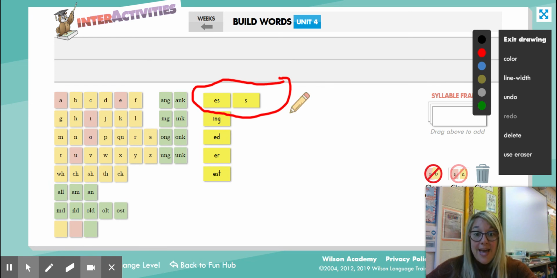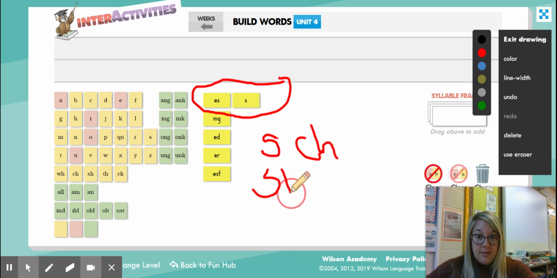One more time, you add an ES if the word ends with an S, a CH, an SH, an X, or a Z. If a word has those letters at the end, like box ended with X, we added ES. Bench ended with CH, we add an ES.